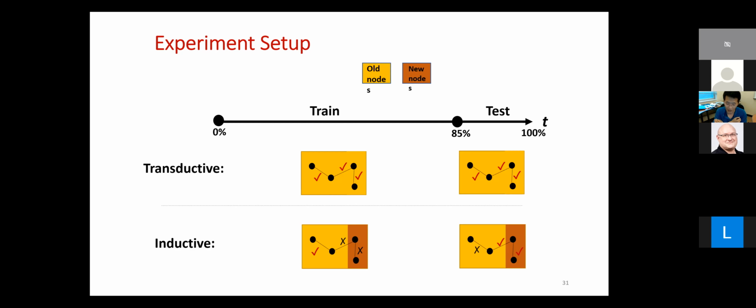In the inductive setting, we hold out a part of the network, train our model over the remaining network, and evaluate over the part of the network that was held out during the training procedure.